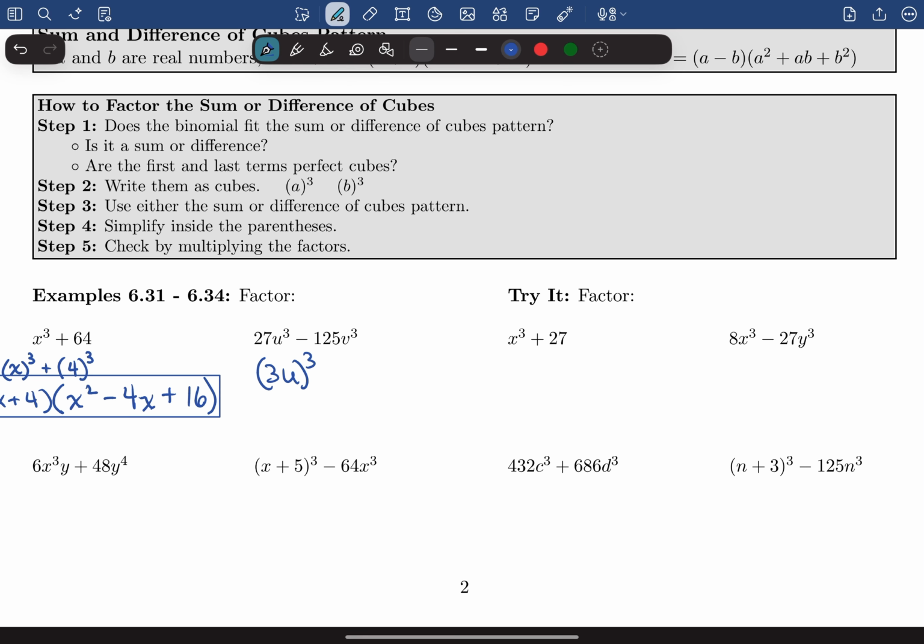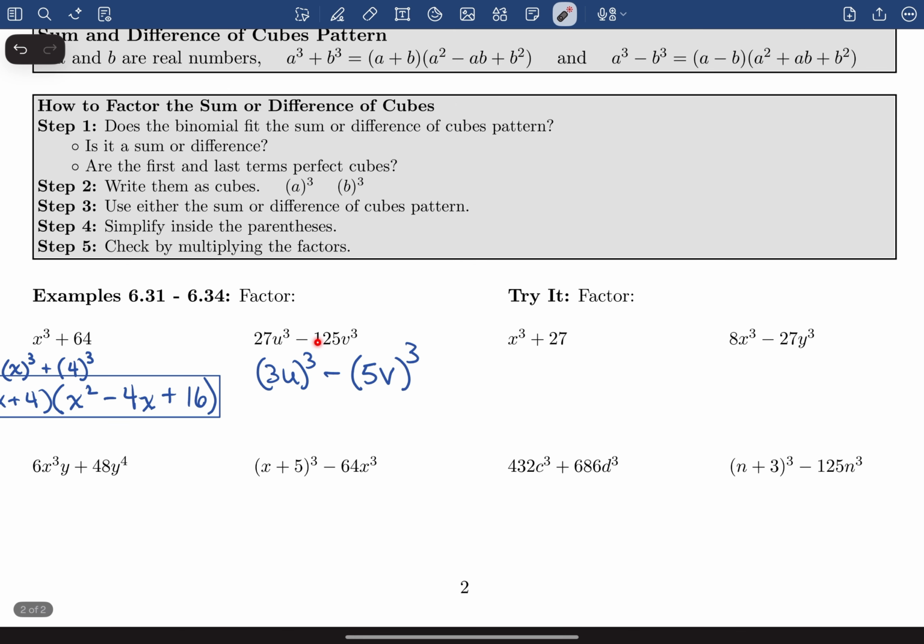Now I see the minus sign. And when I see 125, well, that's 5 cubed. So I can say this is 5v cubed, right? Because 5 cubed is 125, v cubed is v cubed.